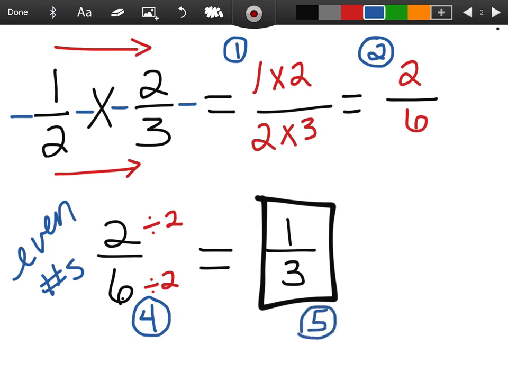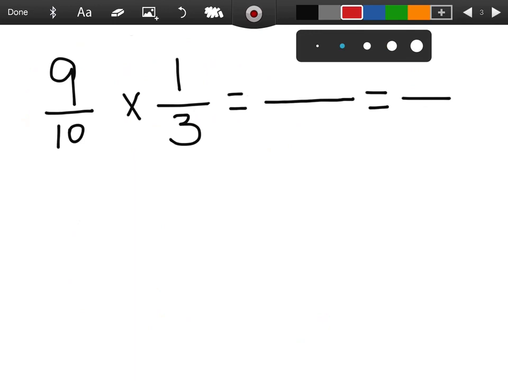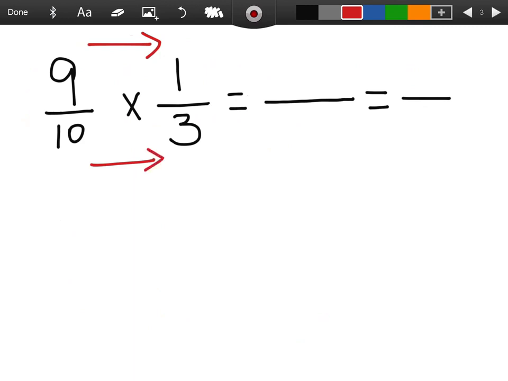If this number is the lowest form already, then you can stop. If not, you should have step 4 showing how you reduced it. And then step 5, your final product with the box or circle around it. I don't care which. Just make sure I know what your final product is.